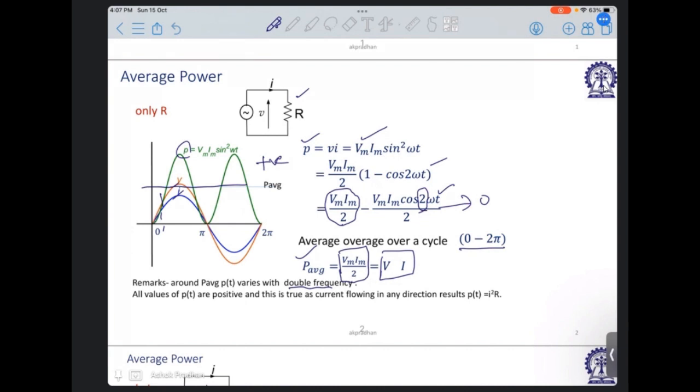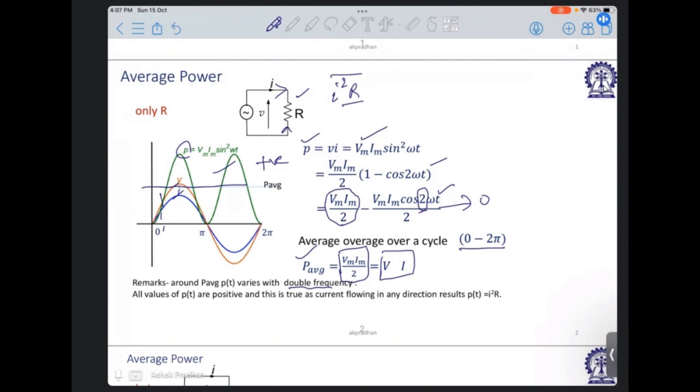Why is it positive? Because whether current flows in this direction or that direction, positive half or negative half, the resistance always consumes power, energy. Whichever way it flows, it consumes energy, I square R loss will be there in that resistance. That's the reason the instantaneous power also comes out positive.